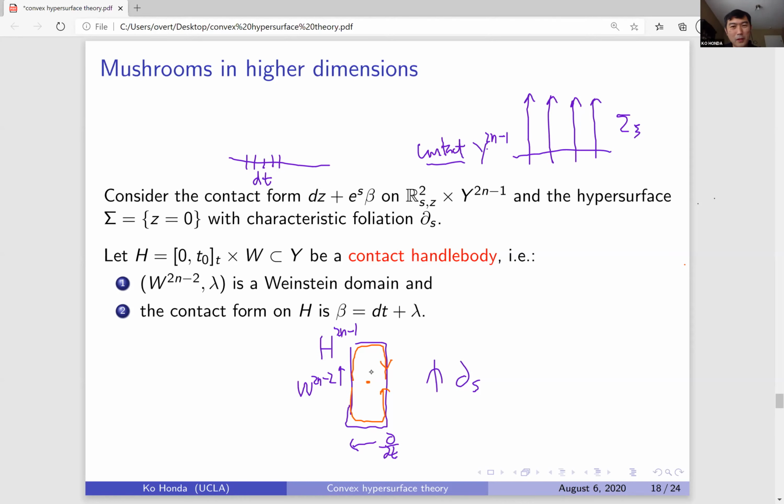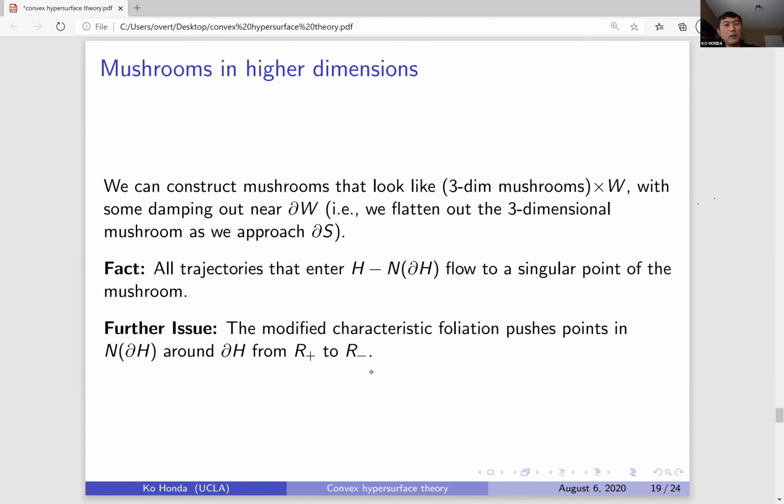So maybe I'll say that a little bit more. The mushrooms can be constructed so that they look like three-dimensional mushrooms cross W, with some damping out near the boundary of W. This is actually sort of a technical issue, which is important. All the trajectories that enter the handle body, minus a small neighborhood of the boundary, flow into some singular point.